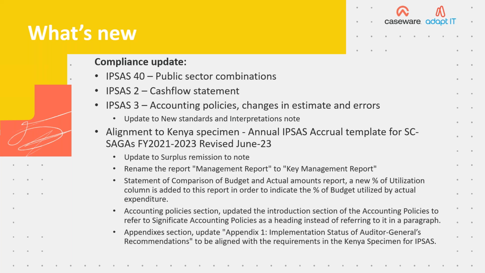We don't replicate the specimen, but we include in our financial statements those things that are not covered by us and really are a requirement in Kenya, and then we added those items. I will show you how we've done it.